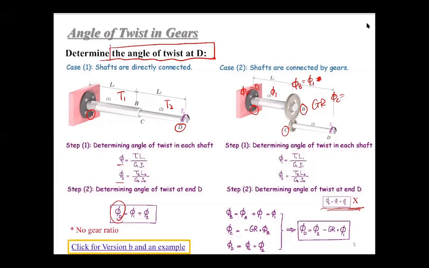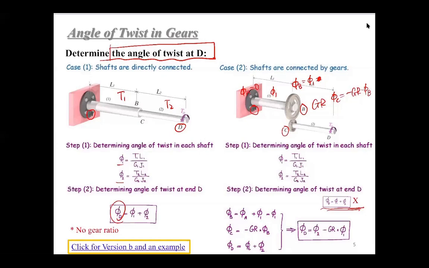Since that is very confusing, as I mentioned several times, you can just ignore it and use the golden rule: negative gear ratio times phi B. Then you can determine if this gear ratio is larger than 1 or smaller than 1. According to the golden rule, from B to C, since C is a smaller gear, a smaller gear always has smaller torque but larger phi, larger omega.